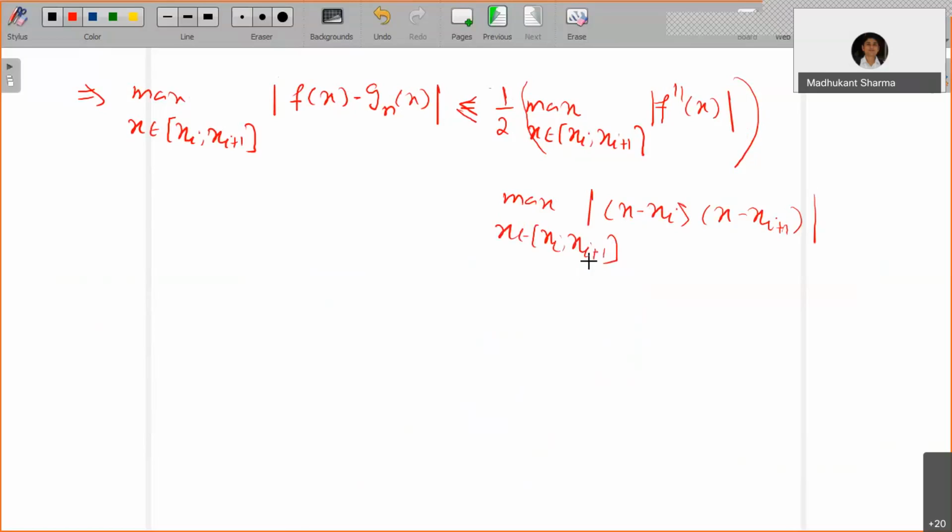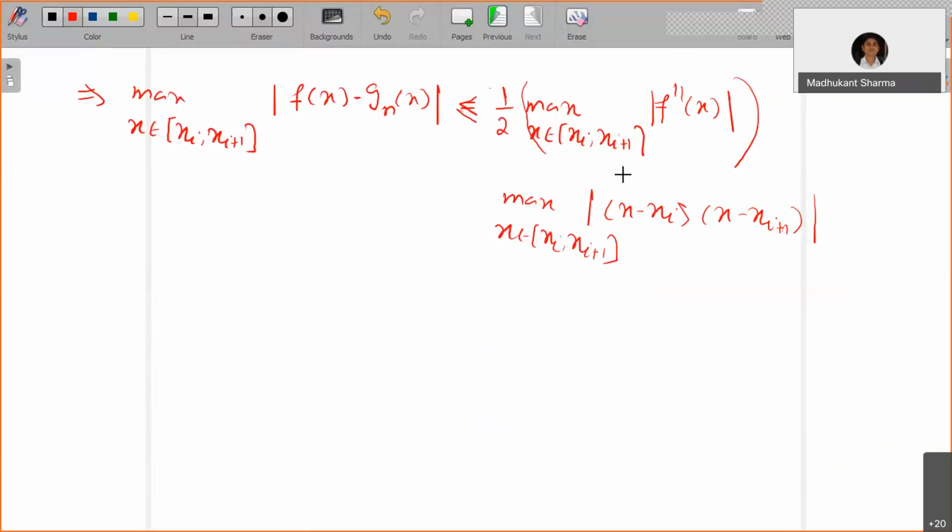Now on the right side I wish to get rid of these i's. So instead of taking the maximum of the second derivative here, what you require to attain the maximum is continuity of f second derivative.